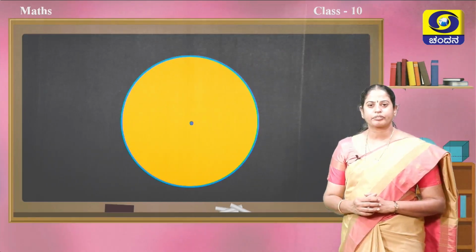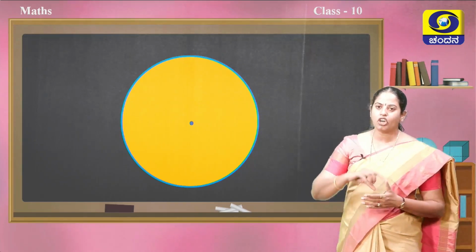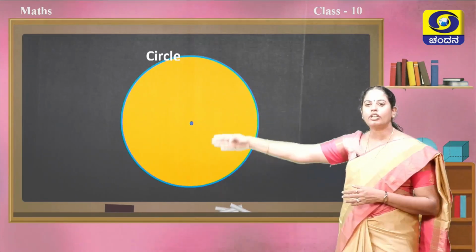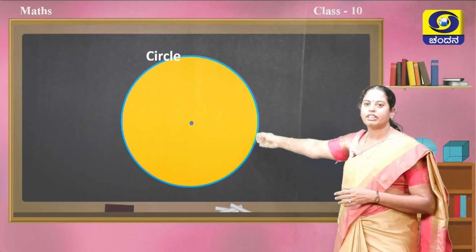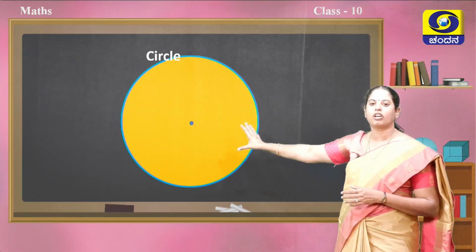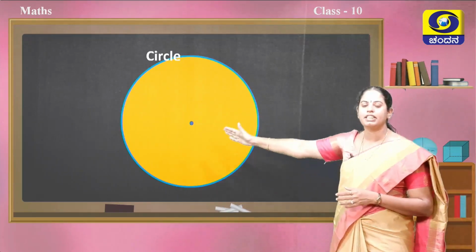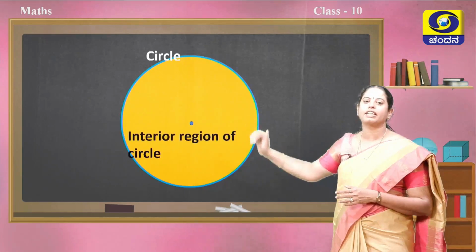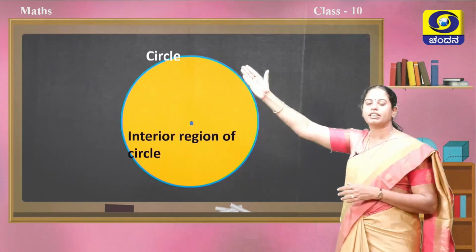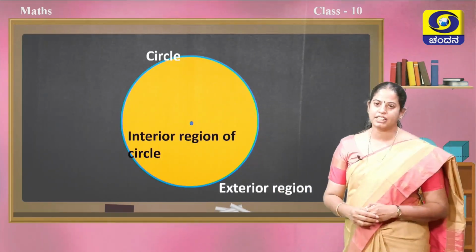Now, one more thing we observe when we draw a circle: we observe the fixed point and the yellow region of the circle with this blue line. This total is called a circle, and the yellow region inside the circumference is called the interior region of the circle, and the region outside the circle is called the exterior region of the circle.